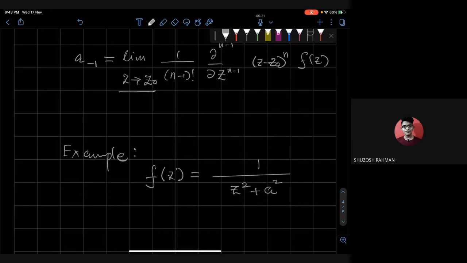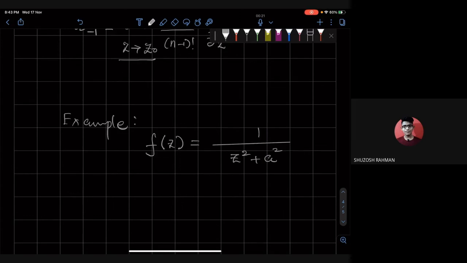My question to you is: where are the poles of this function, and is the pole a simple pole or a higher order pole?